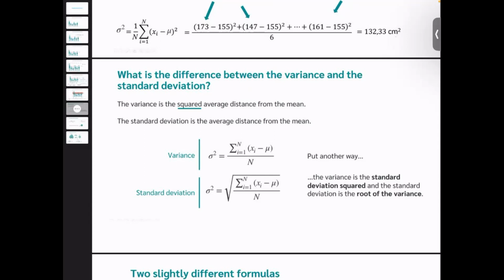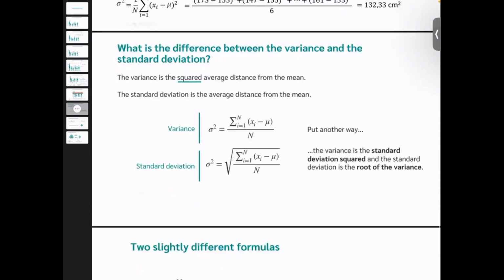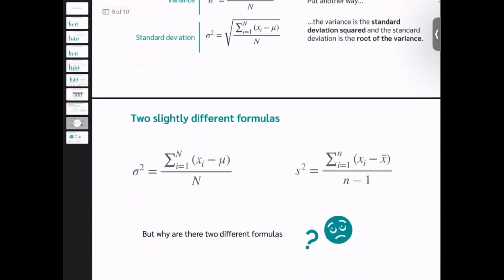You don't have to know all these. It's my job to explain it to you. Now, there are two slightly different formulas. Sigma squared means the variance, population variance. Maybe I'll write that down. Later, you're gonna know those.